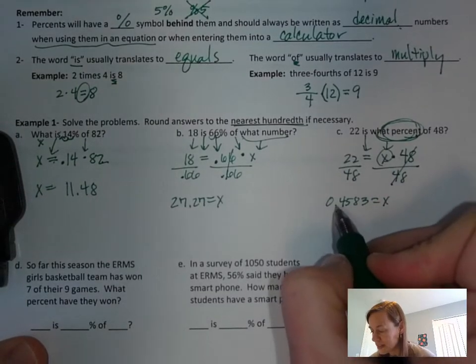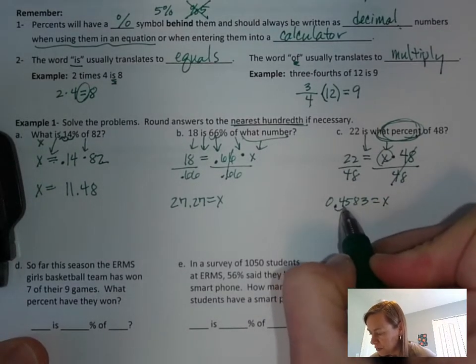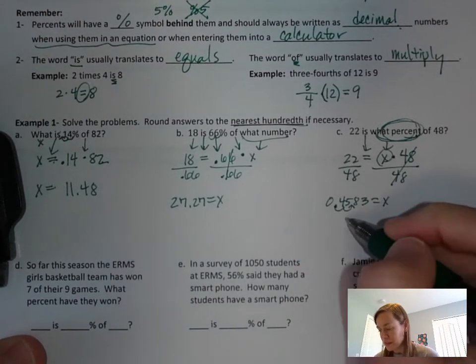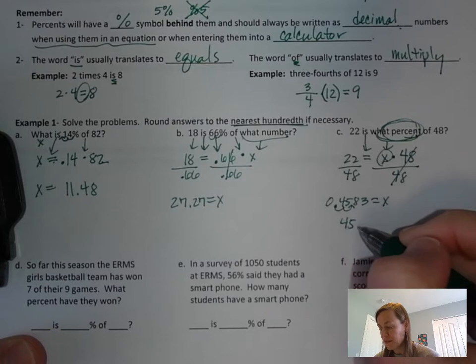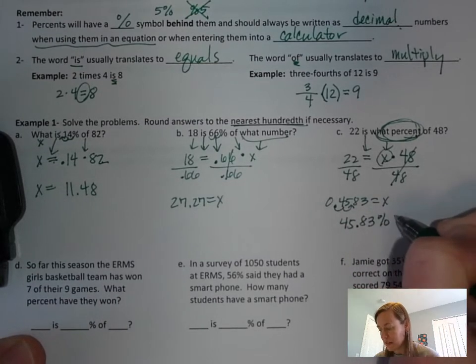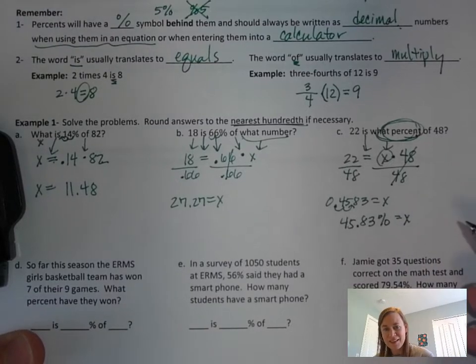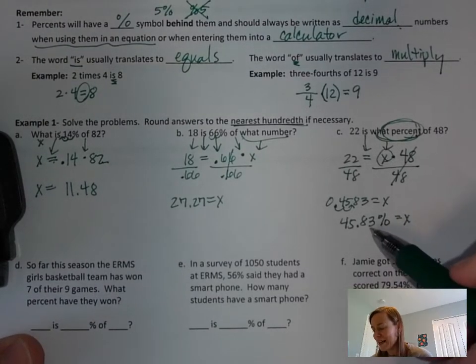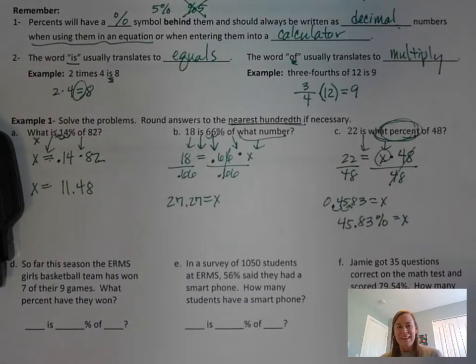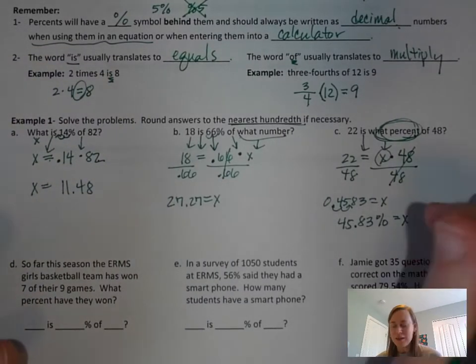So if you remember, you're going to take that decimal point and move it 2 spaces to the right, and then write that with a percent sign. So 45.83% equals x. Now at this point, you'll see I do have it rounded to the nearest hundredth, so we're good to go.